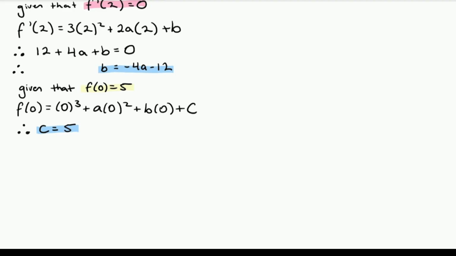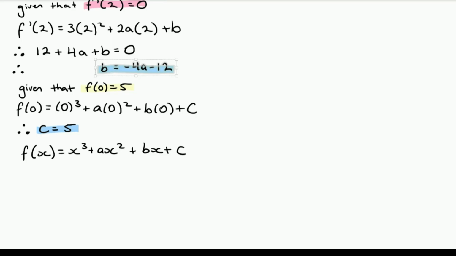So I've got my f of x is equal to x cubed plus ax squared plus bx plus c. I did find earlier that my b here was equal to minus 4a take 12.